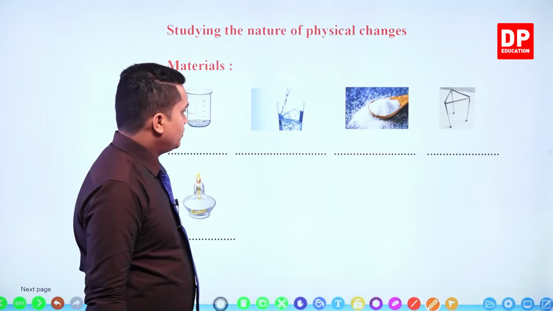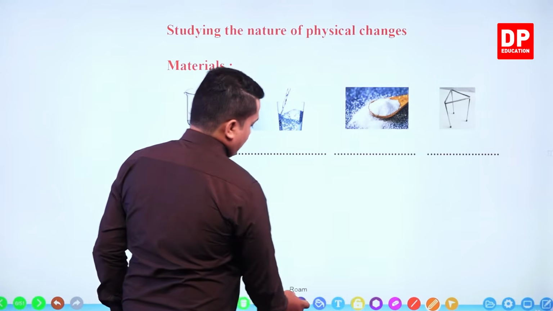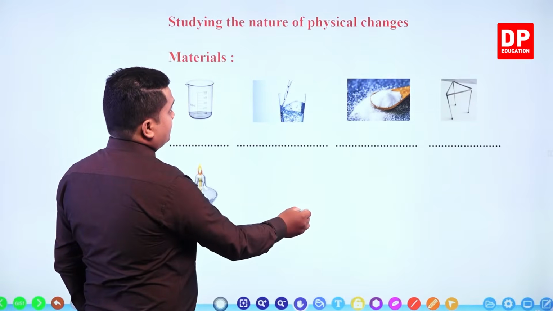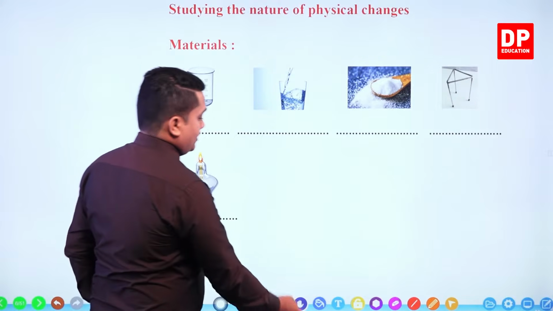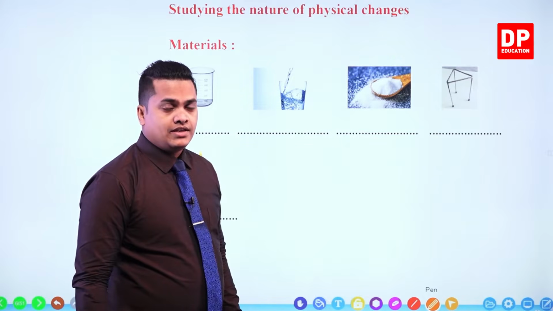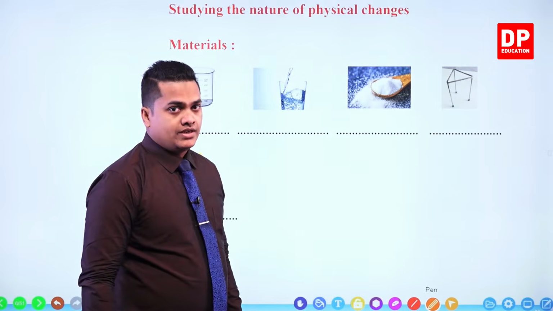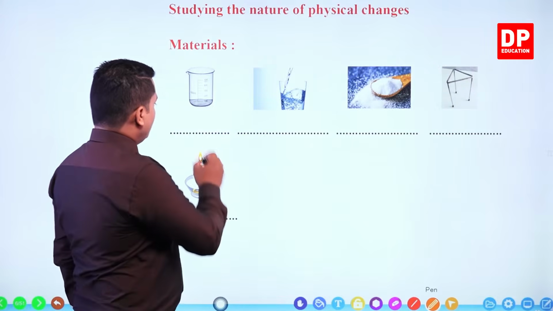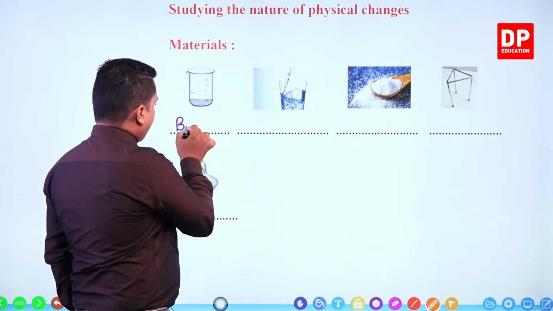To get some idea about the nature of physical changes, let's see how to conduct this activity and what materials we need. First of all, you'll be needing a beaker.